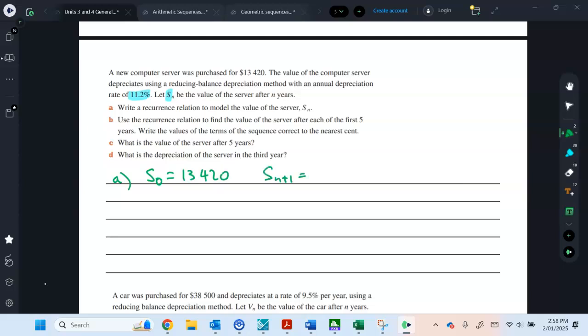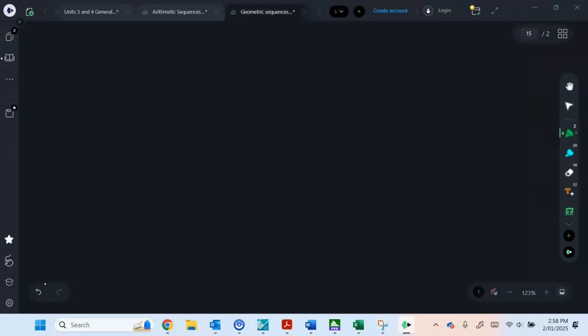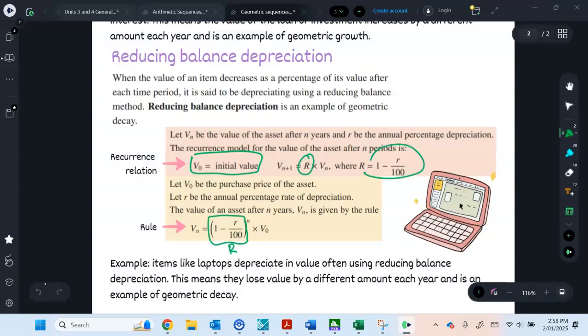Sn plus 1 is equal to, so remember we use, the only thing that changes is your initial value and your value of R. Right, so that's important to note. Everything else stays the same. The letter has changed for this question. It's not V, it's S, but wherever you see V, you're going to put S. So let's calculate R.